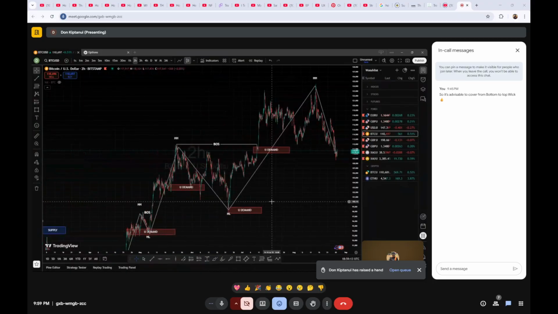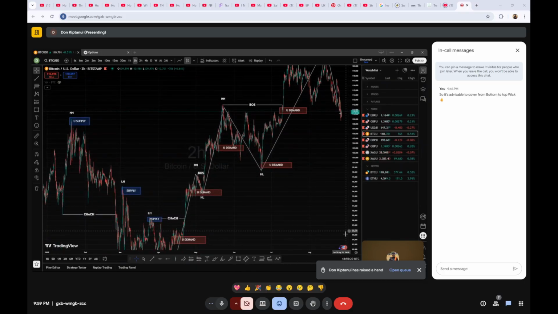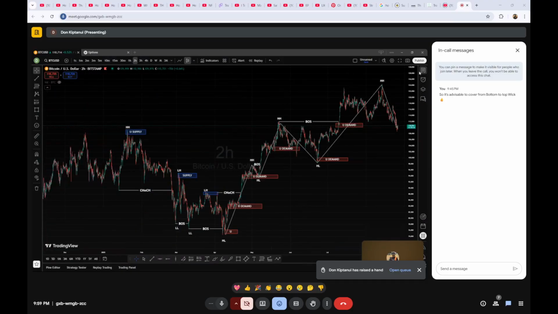So only those ones are a break of structure. You can close the watch list so that yours fits well. The specific one for your Bitcoin, for the high, low.